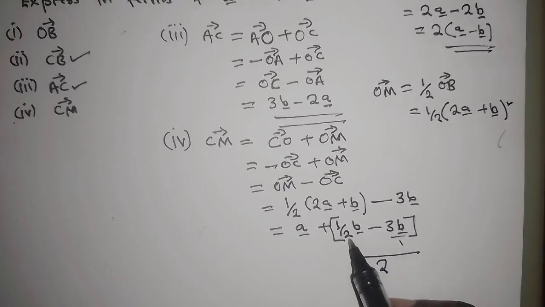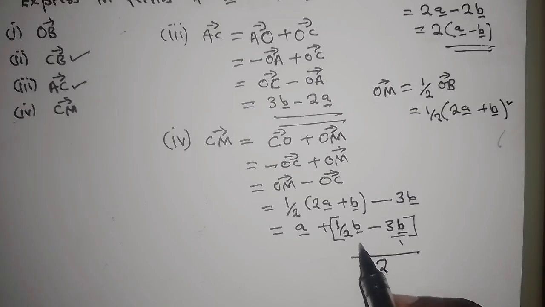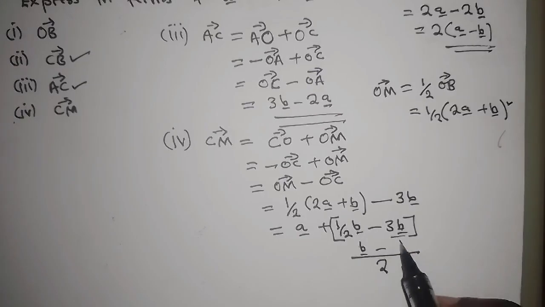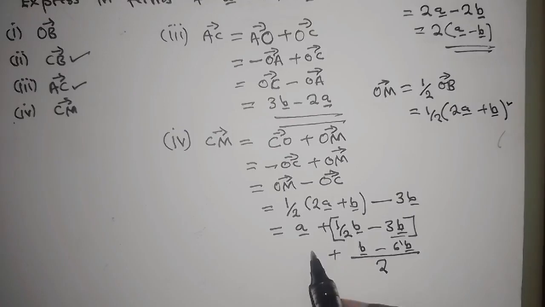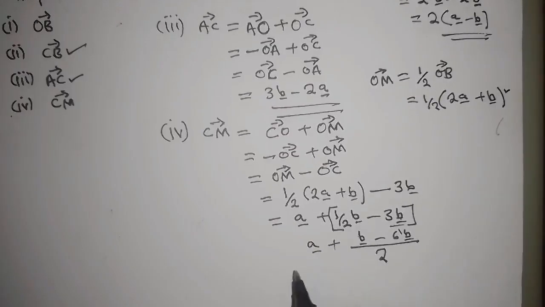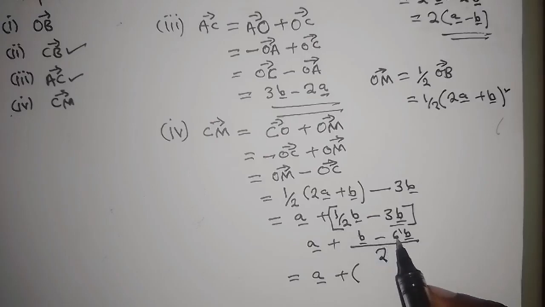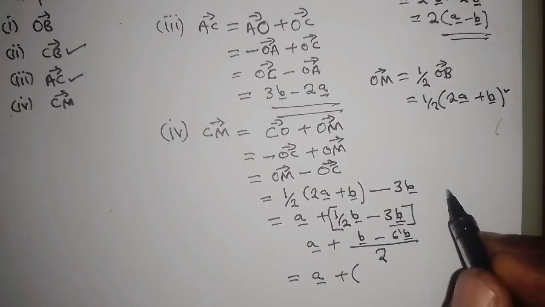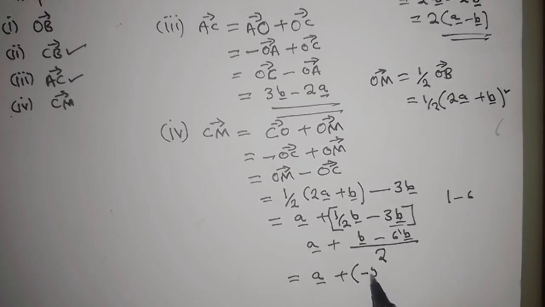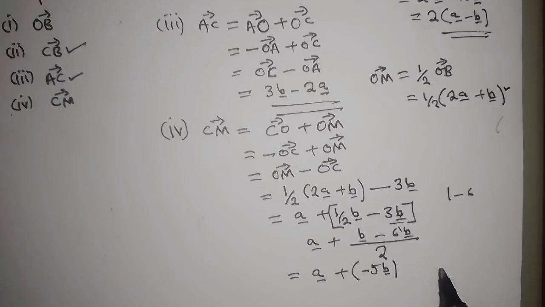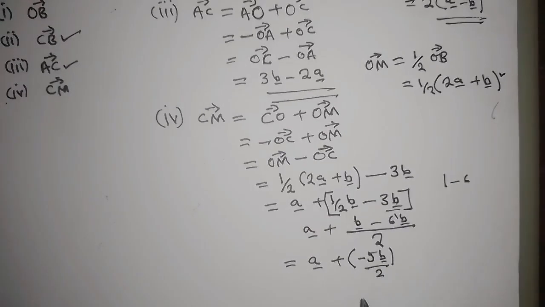Then you start dividing. 2 into 2 is 1 times vector B on top, just vector B, minus 1 into 2 is 2 times that 3 is a 6 vector B. Then you drop down this side, there is a vector A. And now B minus 6B is the same as saying 1 minus 6, so it will leave us with negative 5 vector B over 2.